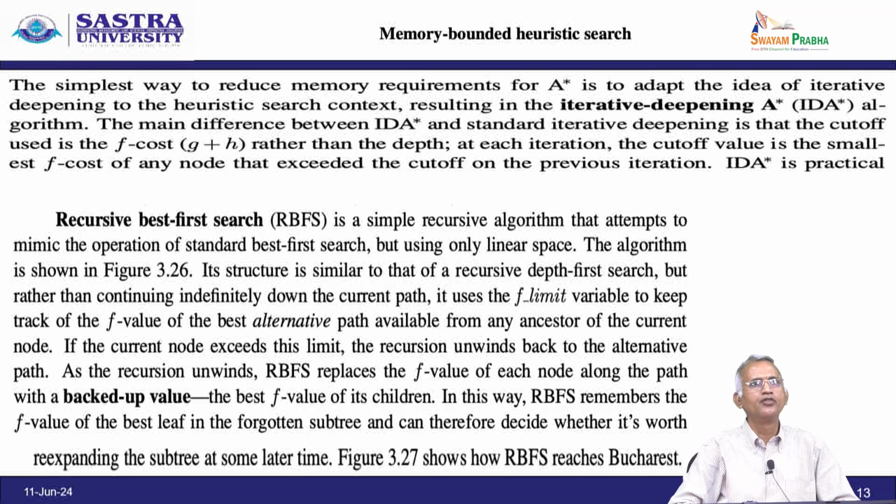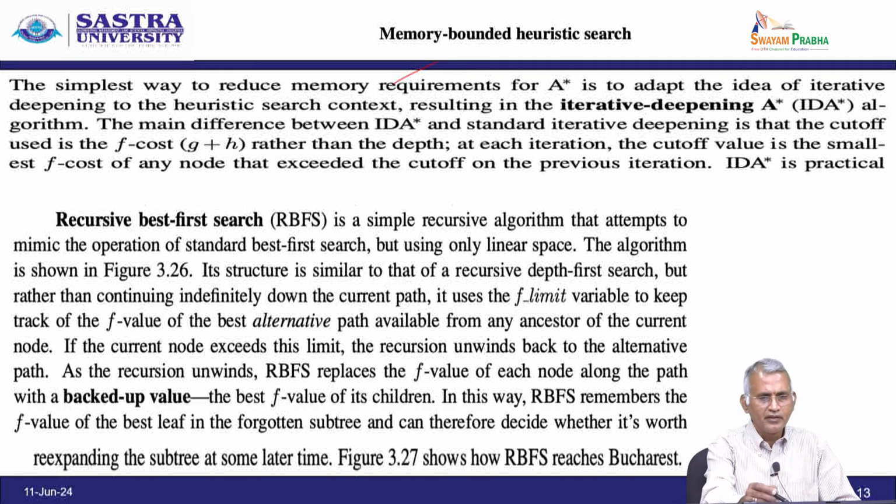Next is memory bound heuristic search. The simplest way to reduce the memory requirement for A star is to adapt the idea of iterative deepening to the heuristic search context, resulting in the iterative deepening A star algorithm.